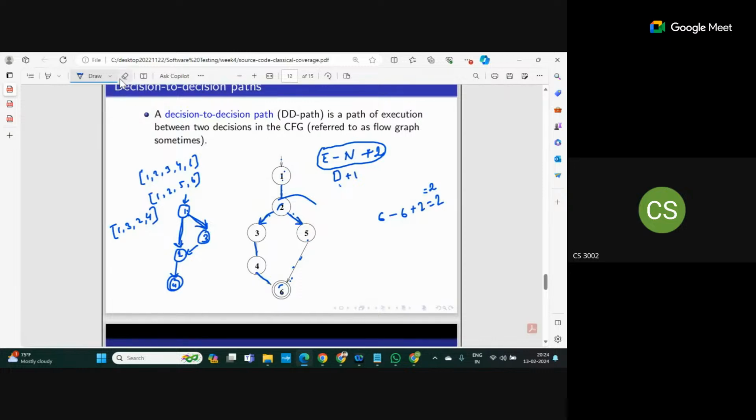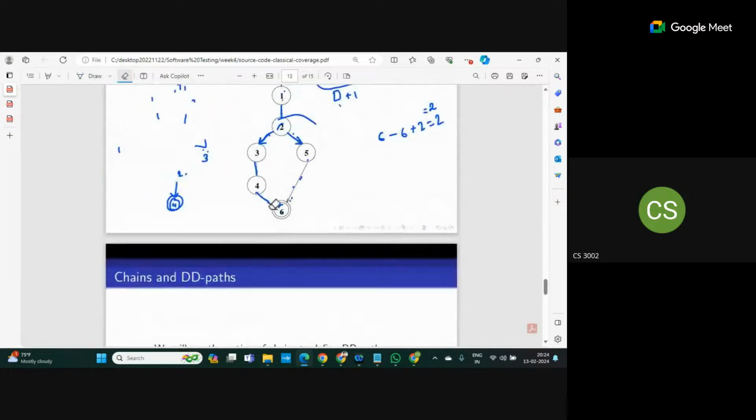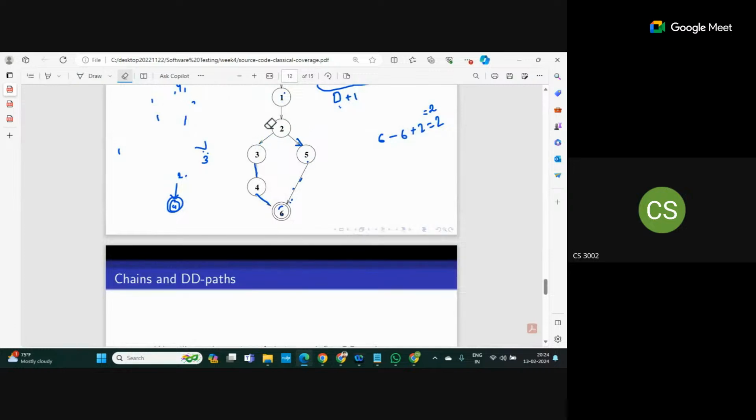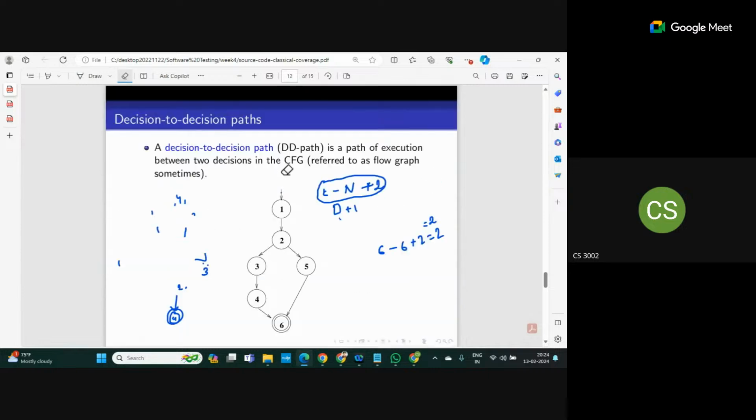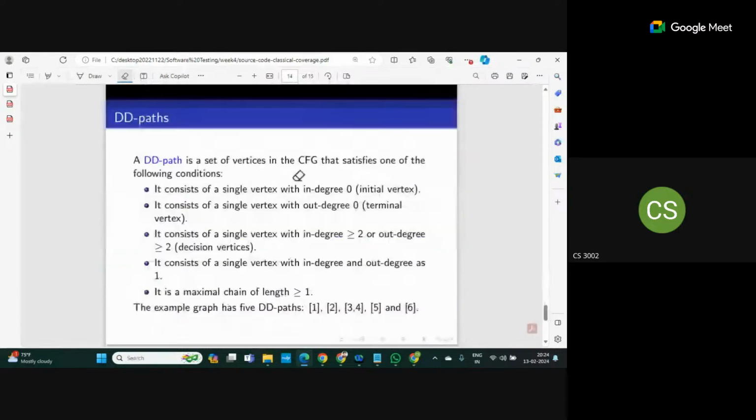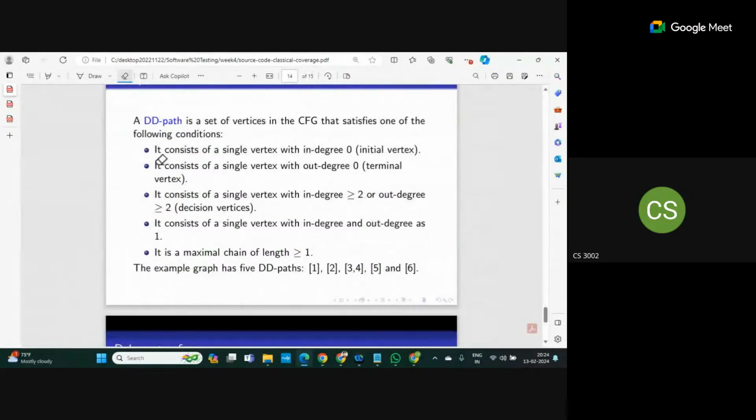So what is that? Let me check. It consists of a single vertex with in degree 0, out degree 0. So that's the initial and the final vertex.